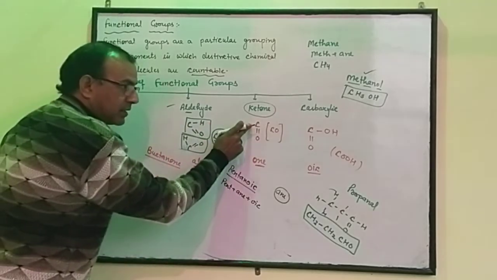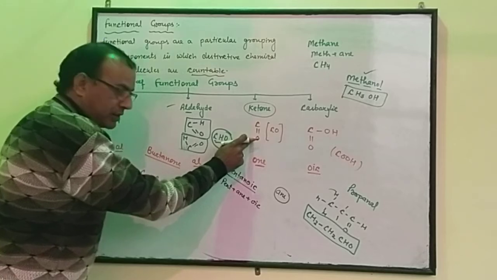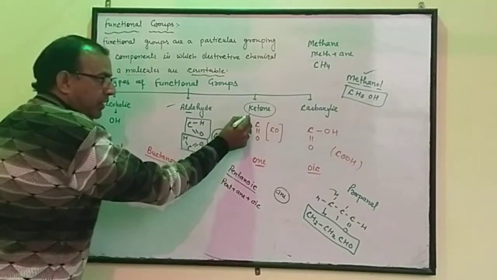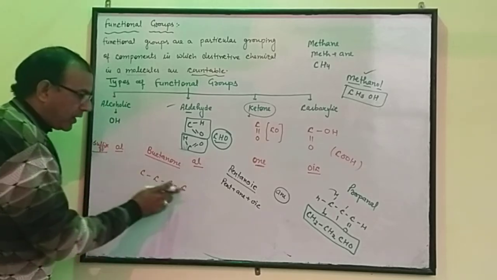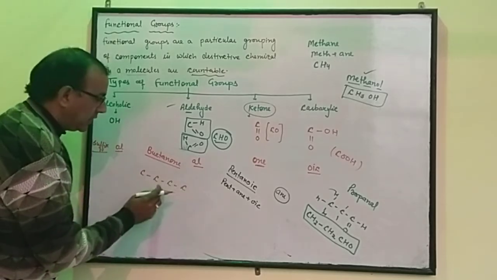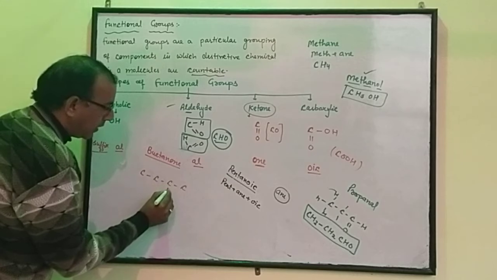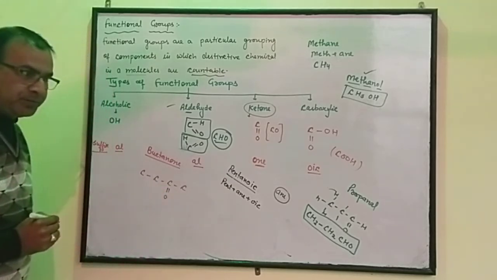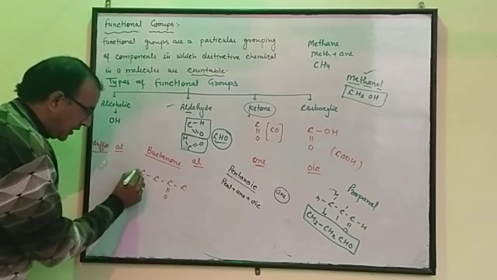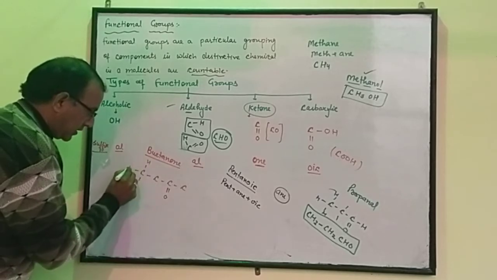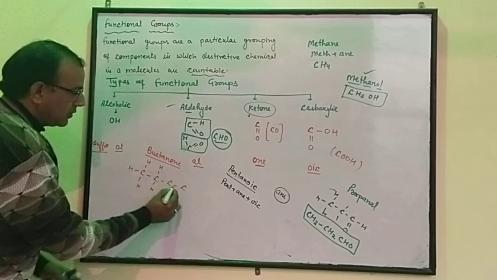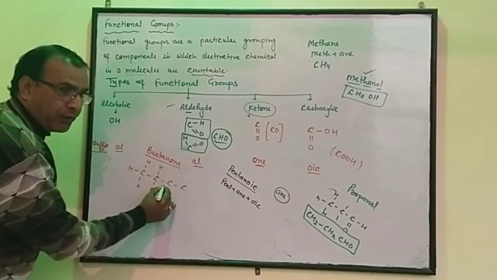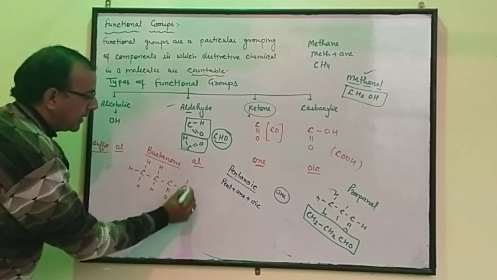One side the C is attached with the oxygen, but ketone is neither attached at the initial C nor the last. It is attached in the middle. It means from here, this C remains 3 sides open, H3. This C, this 4 sided bonded. There is no need of any hydrogen, and this one contains 3.